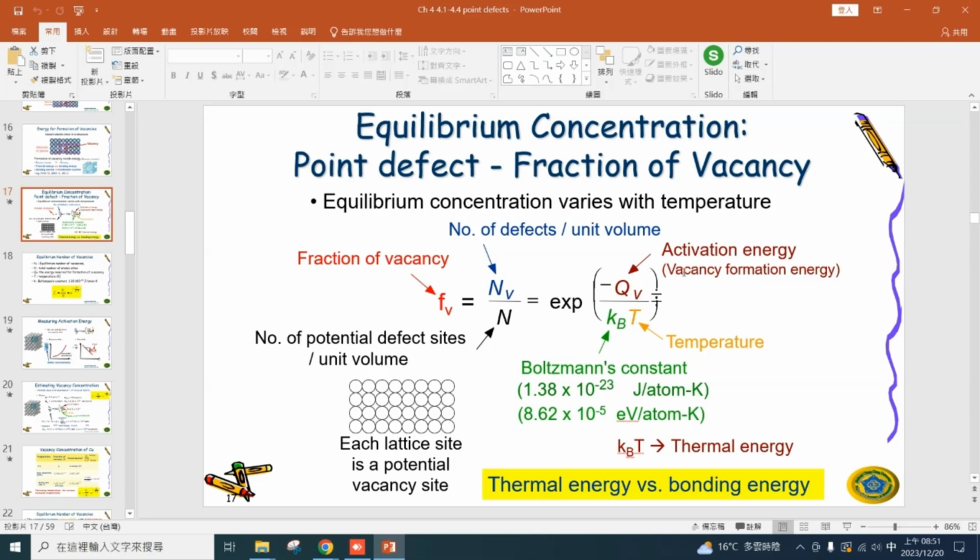Also, you know that the fraction of the vacancy has something to do with activation energy, or we call bonding energy, against thermal energy. So this will be the thermal energy, and this will be the bonding energy.